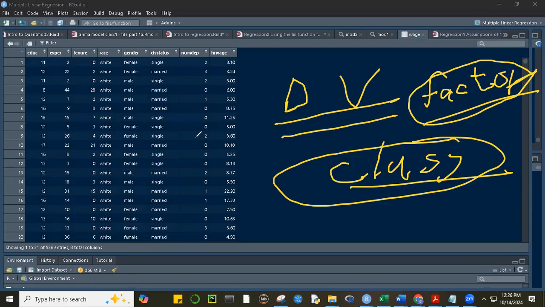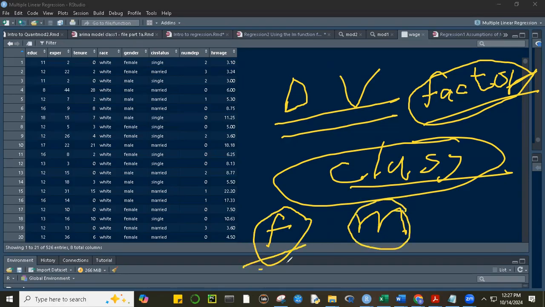So, what R does here is that it will look at this gender variable. First, it will take a look at the levels, no? How many genders are there here? So, makikita niya, female and male lang, no? So, it sees that there's only female and male. All right? So, what will now happen is that female, since it appears alphabetically first, no? So, i-alphabetize na siya.